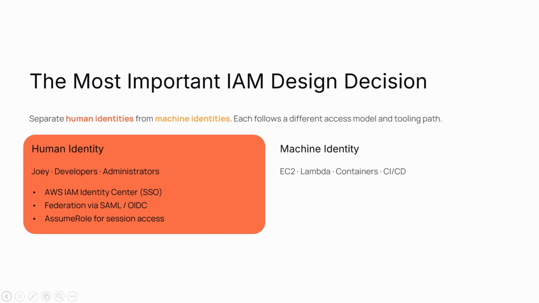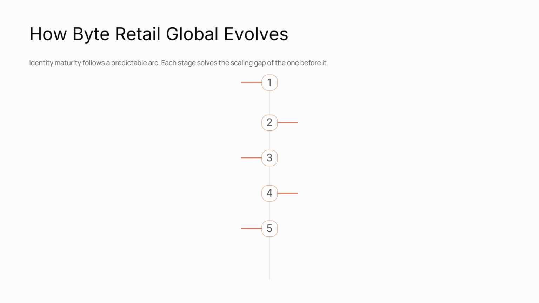EC2 instances, Lambda functions, containers, and CI/CD pipelines also assume IAM roles but without usernames or passwords. In both cases, the goal is exactly the same: avoid permanent credentials whenever possible. Temporary credentials improve security, simplify management, and align with AWS best practices for least privilege.